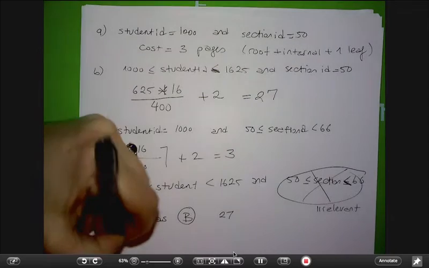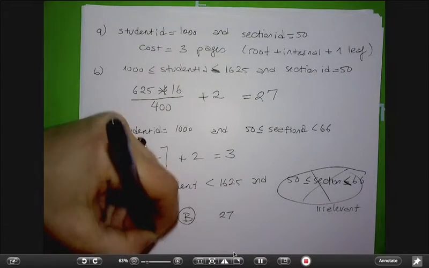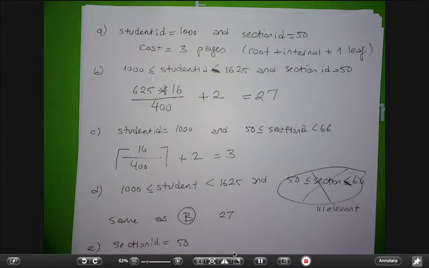Okay. And finally, E is section ID equals 50. All right. What about this one? Every single leaf node, because it's not sorted by section ID. There's no way for me to find individual section IDs.